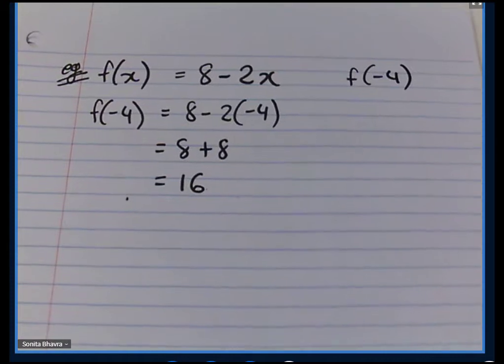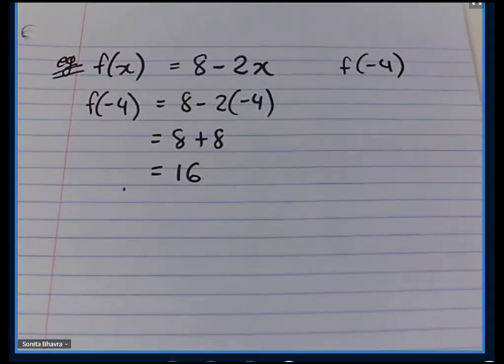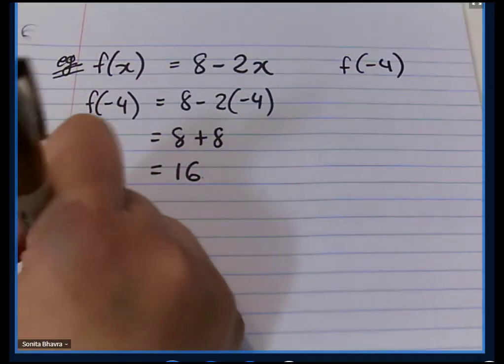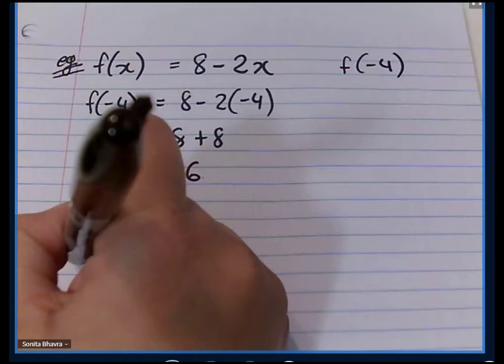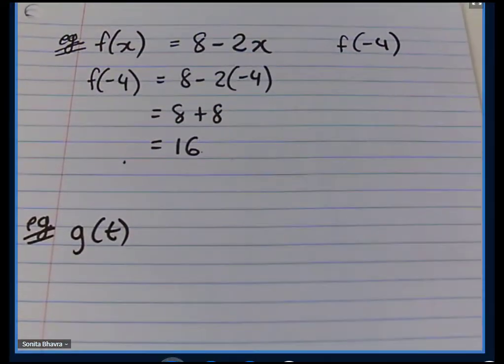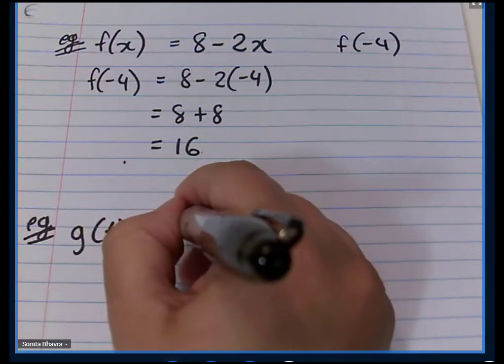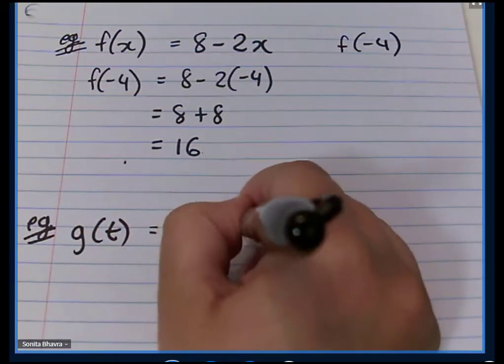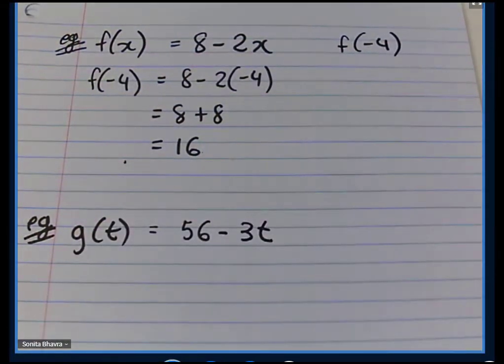All right, let's take a look at another example here. And this time we are given a function g of t, and it's equal to 56 minus 3t.